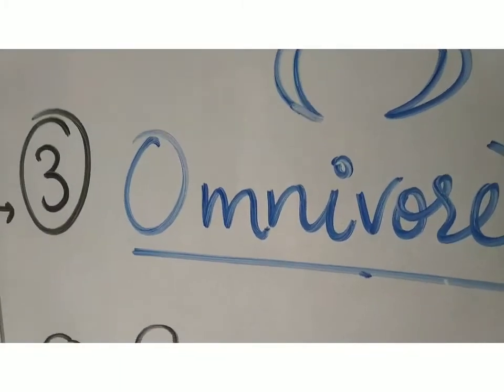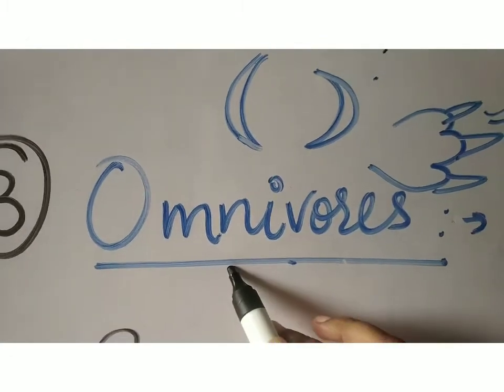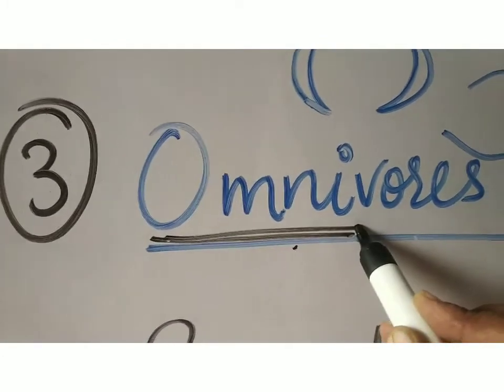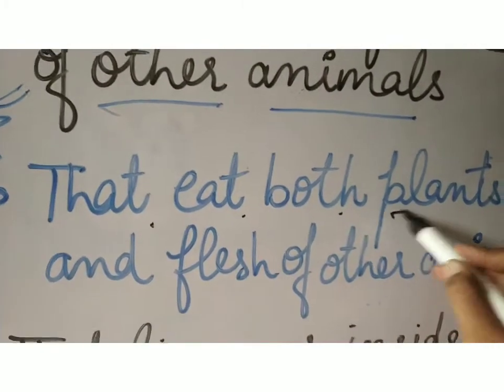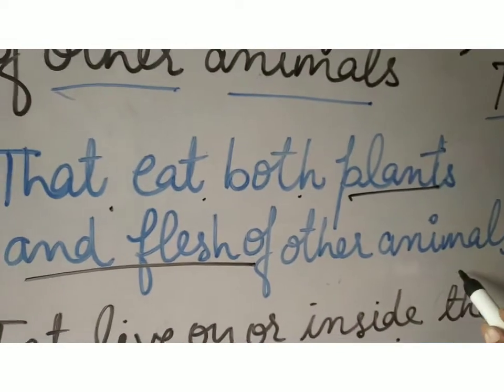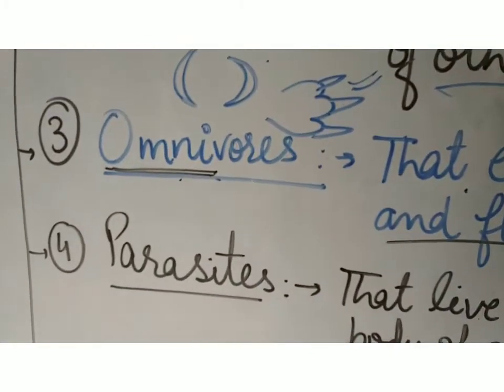Omnivorous animals. Omni means both. The animals that eat both plants and flesh of other animals come into the category of omnivorous animals.